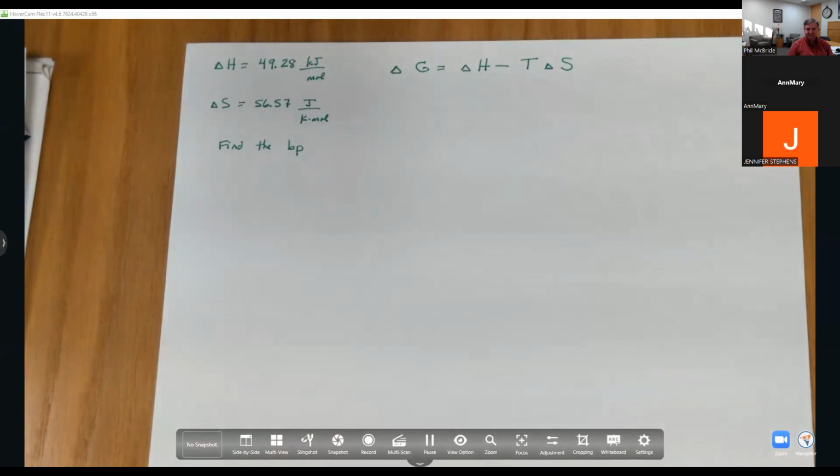So you plug in 49.28 kilojoules per mole for delta H. Do you both have a calculator? Yes.